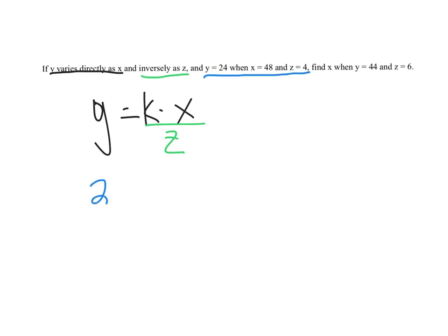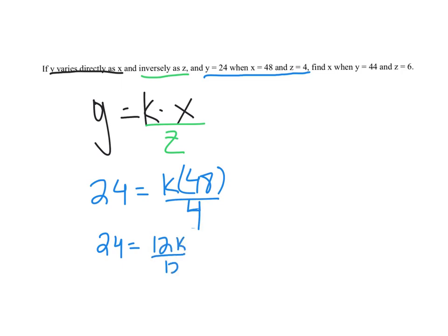So 24 equals, well, 48 divided by 4 is 12. So dividing both sides by 12, we get k to be 2. So we now know that our equation is y equals 2 times x over z.